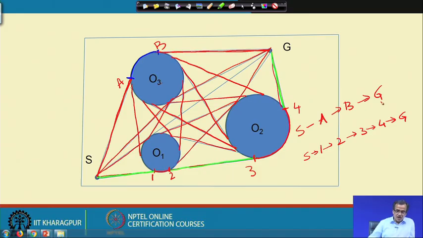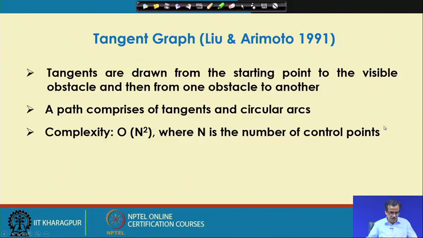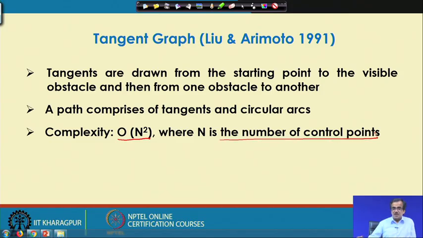Now, this particular algorithm actually could reach some popularity, as it is using the principle of tangent. So, there is a possibility that you will be getting the optimal path, but here the main problem is the computational complexity. Now, if you see the computational complexity, it has been checked that the computational complexity of this particular algorithm is nothing but order of n square, where n indicates the number of control points or the number of circular arcs.